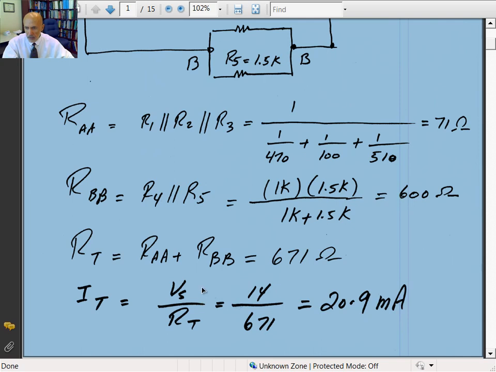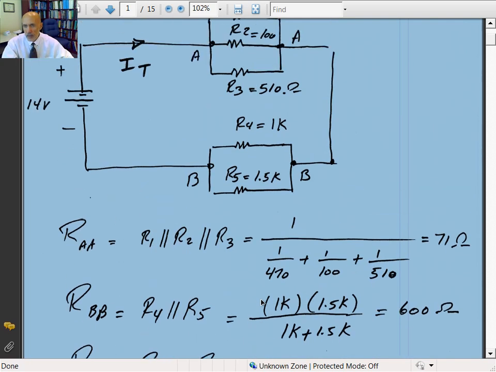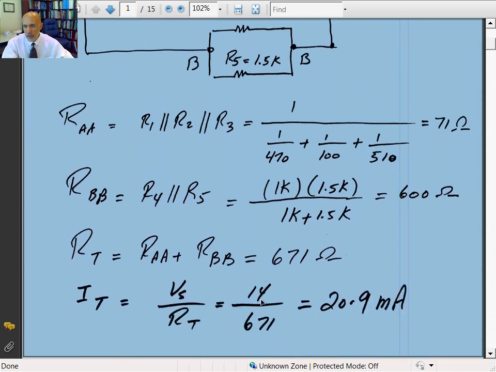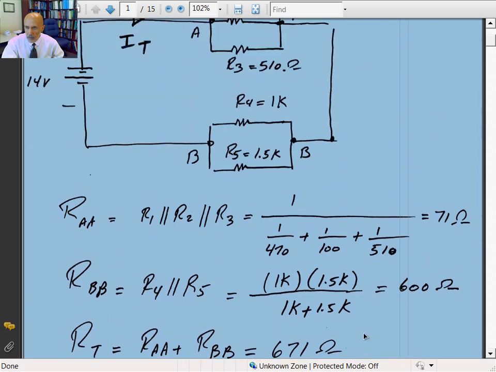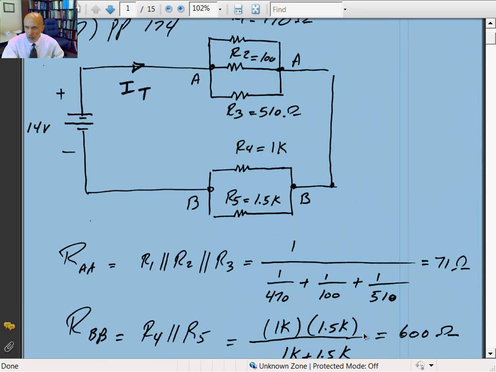Then I total would be equal to V of S divided by R total. I got 14 volts over 671. That gives you about 20.9 milliamps. Now, if I look at the voltage at point A and A, that gives you the voltage across those two resistors, because they're asking for the component currents and the voltages.